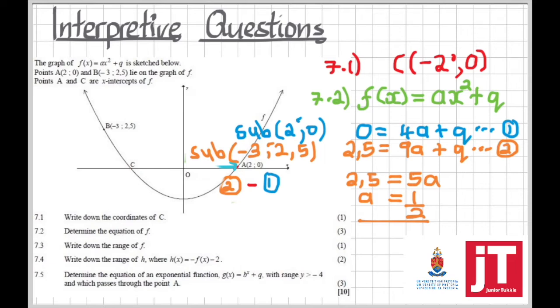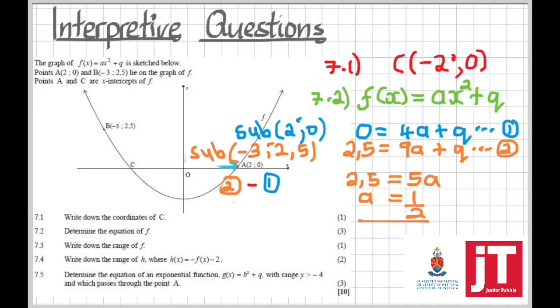We expected the value of a to be positive. Why? Because the graph is concave up. Now, even before we calculate the value of q, we should know that the value of q must be negative. Why? Because the turning point lies below the x-axis. But let's prove it. I'm going to calculate the value of q using equation number 1. Another person might have chosen equation number 2.